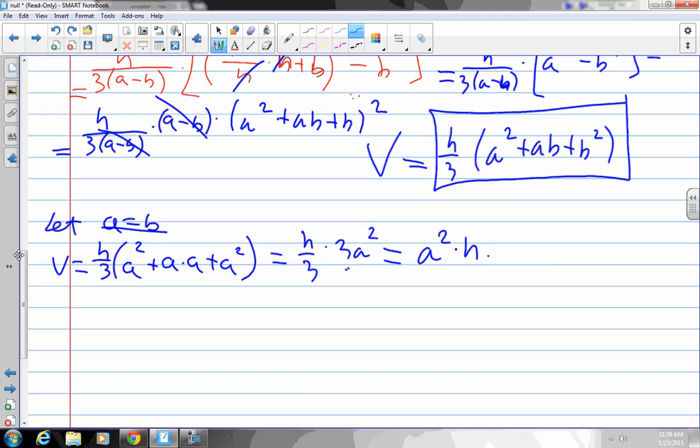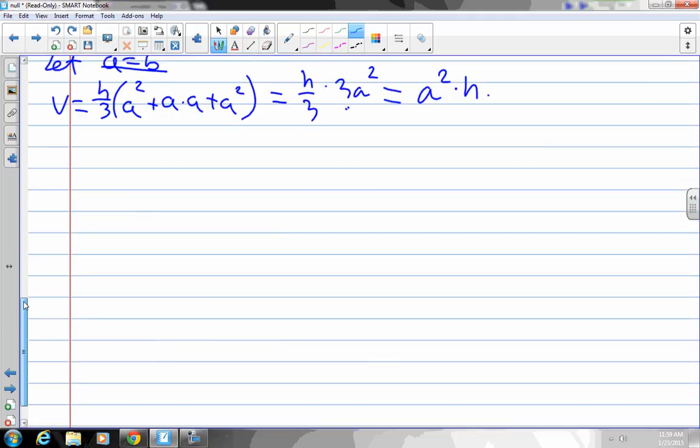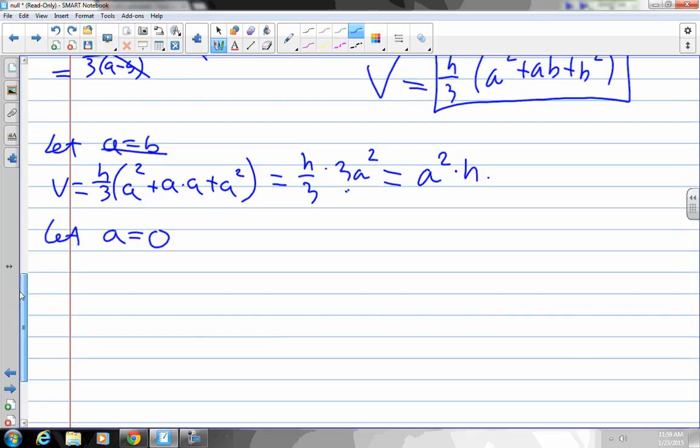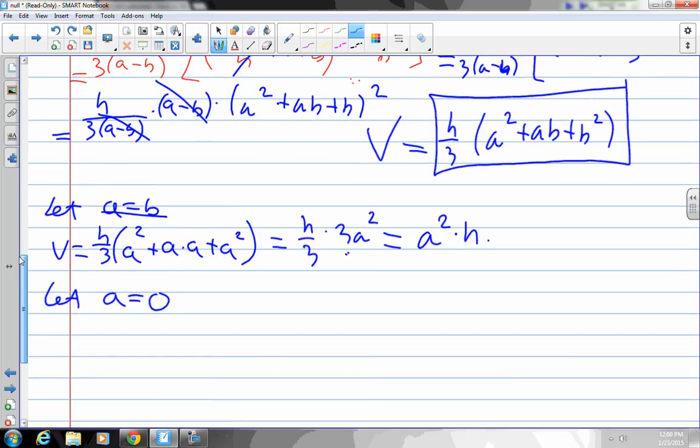Now, what if we let a equal 0? If a equals 0, what do we get? No, but I mean like the shape. What kind of shape do we get if a is 0? So we just get a pyramid, right? If a is 0, then all those lines will converge. So if a equals 0, what do we have left?